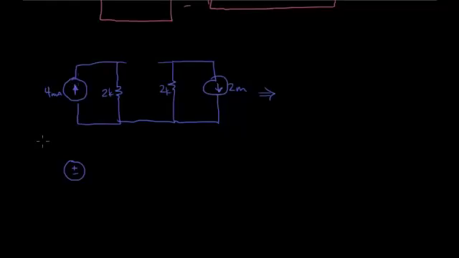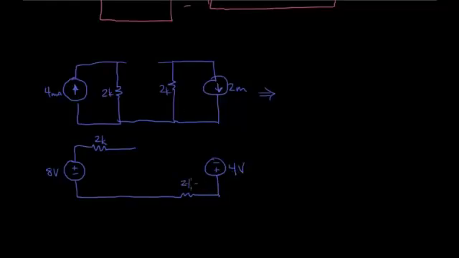Voltage source here will be 8 volts. And if this is confusing, then watch the video that I put out on source transformations. Okay. And here the voltage source will be 4 volts, and this will be 2K.